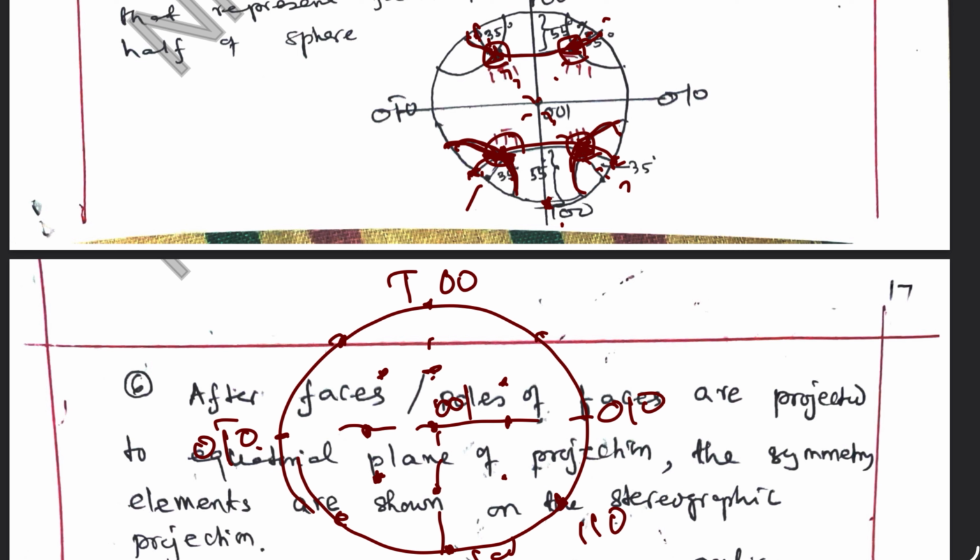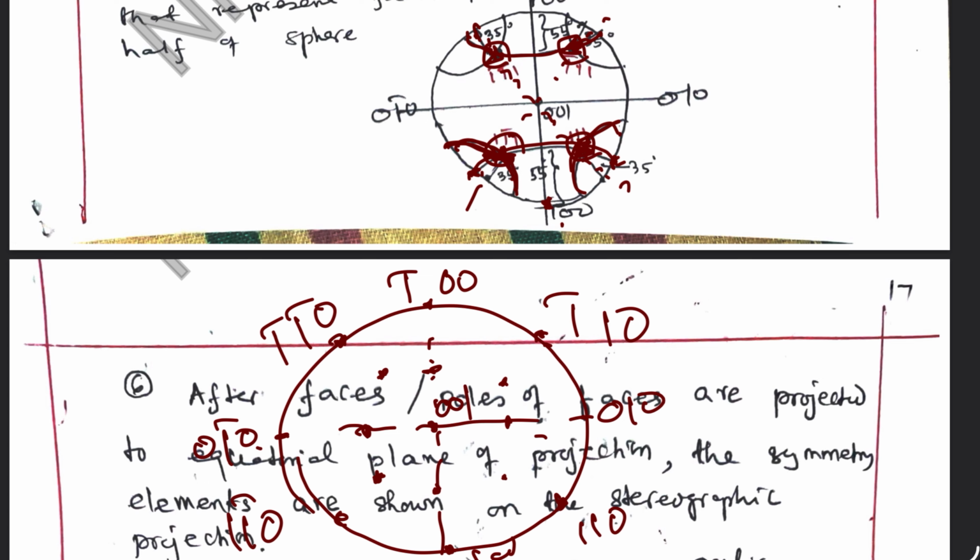This face symbol will be 1 1 0. This dodecahedron symbol will be 1 bar 0. This will have the symbol 1 bar 1 0. Similarly, we can give the symbols for the inside faces. Now the plotting of faces in the stereo diagram is complete.